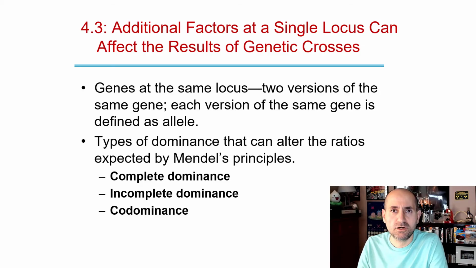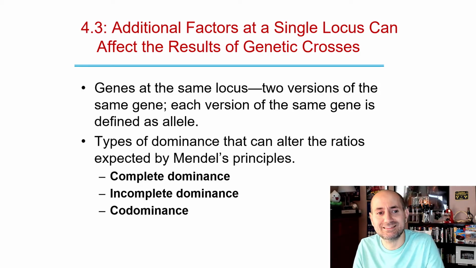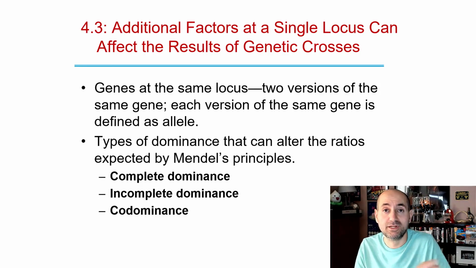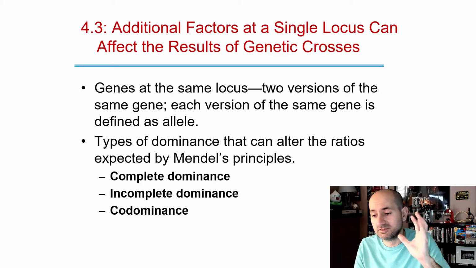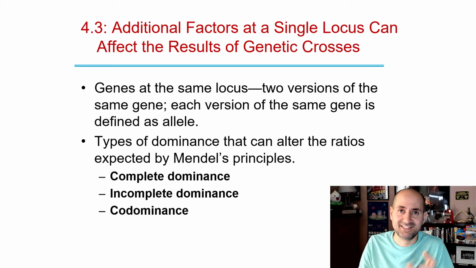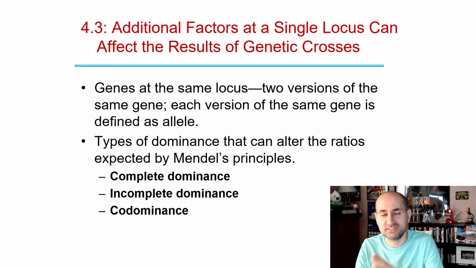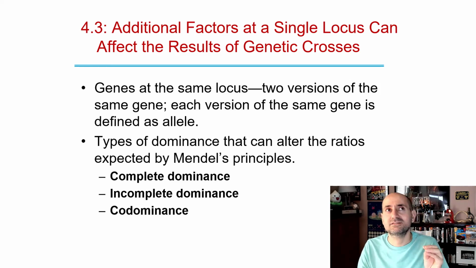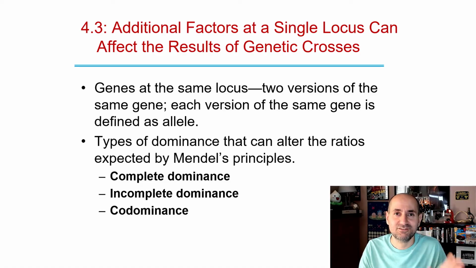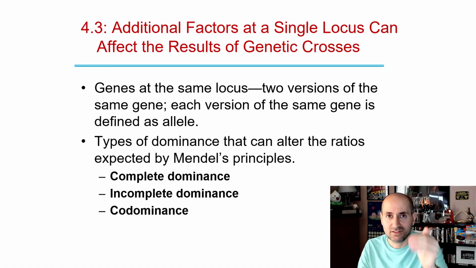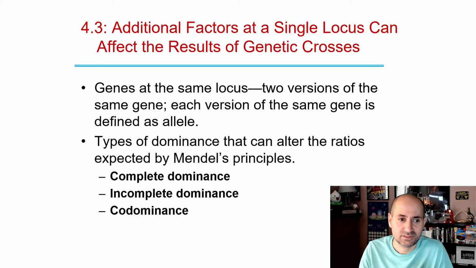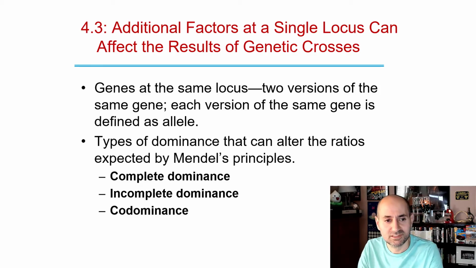So now, moving on from sex-linked or X-linked inheritance, let's look at other types of inheritance that deviate, or appear to deviate, from Mendel's mode of inheritance. Let's look at concepts like dominance: complete dominance, incomplete dominance, and codominance.